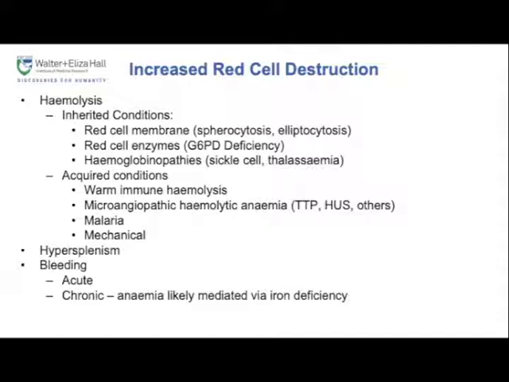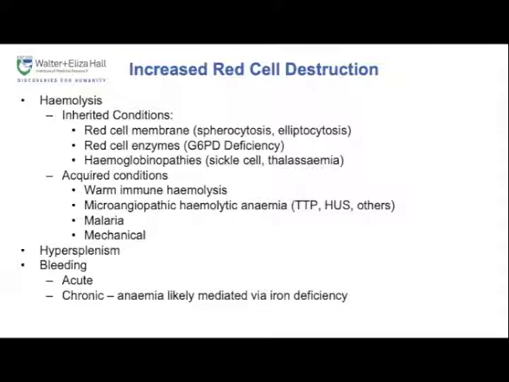And there can be acquired conditions. Here the classics are warm immune hemolysis, which is an antibody directed to the red cell that causes it to be destroyed in the spleen. Microangiopathic hemolytic anemia, which is probably the most interesting hematologic disease.